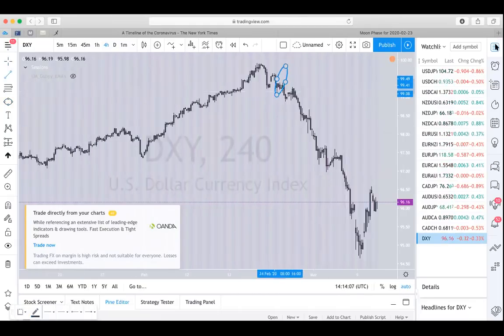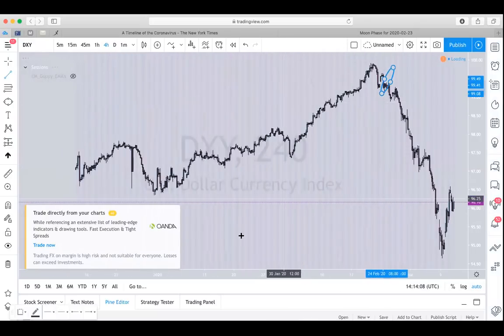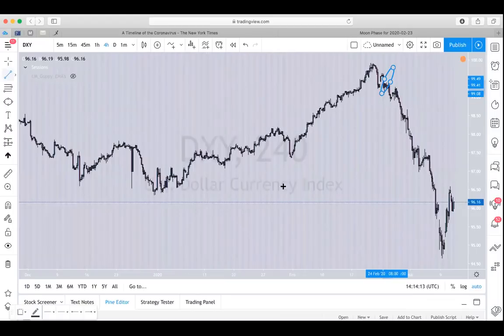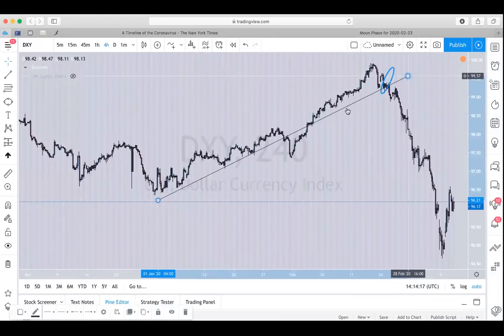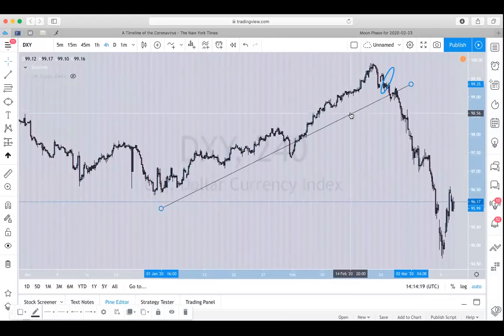And all of our structure, everything we look for, played out on that day in concurrence with the moon cycle, in concurrence with the news propaganda for the coronavirus. And this happened across the board. If you shorted USD/JPY when this happened, you would be in the money. And we've seen it happen in all the stock markets as well.